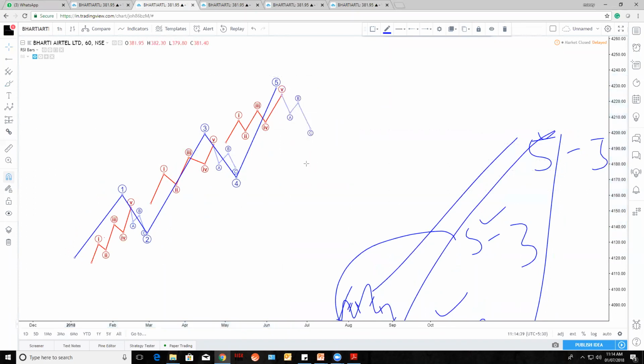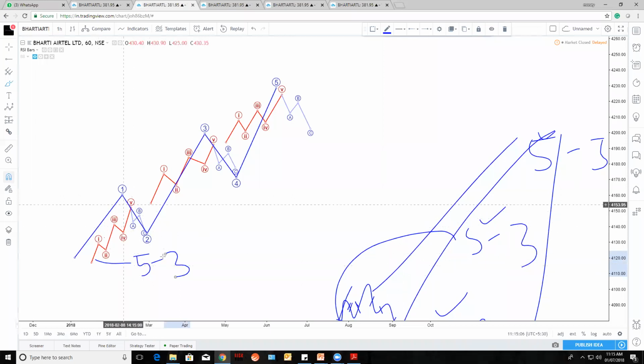What they told, it should be a 5 3 5 3 5 structure. That means internally it should have 5 waves, that is 1 wave, 2 wave, 3 wave, 4 wave and 5 wave. It is a 5 wave structure followed by a 3 wave correction, right? This is a 5 3. Here internally it got 5 and 3. This is 5 internal waves and this is a 3 wave.